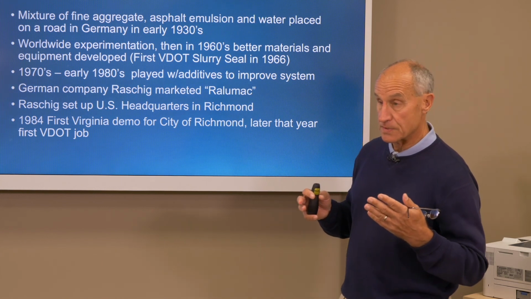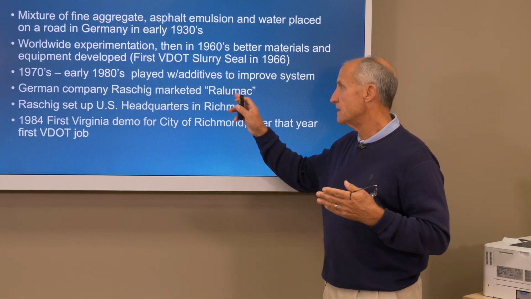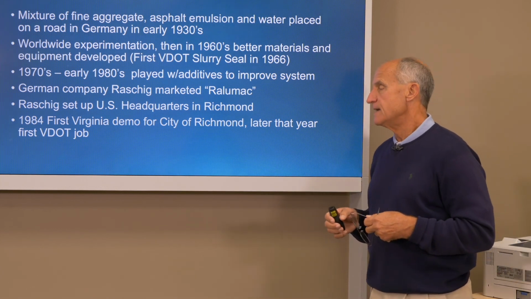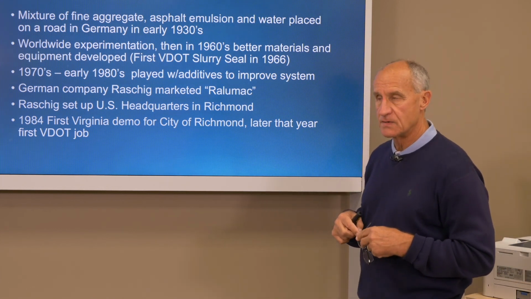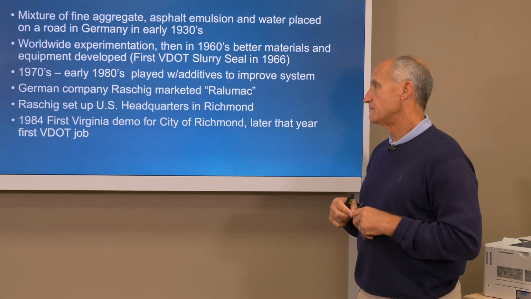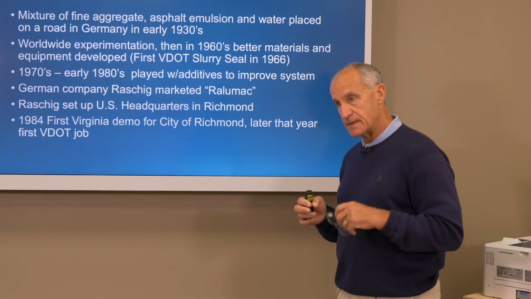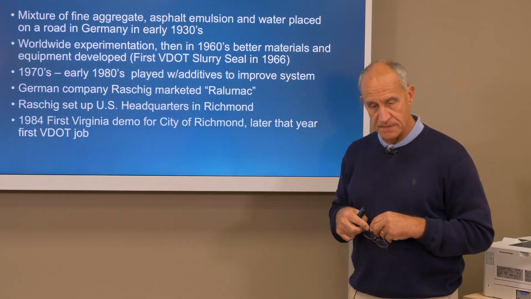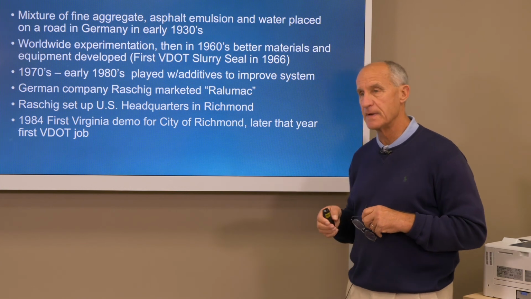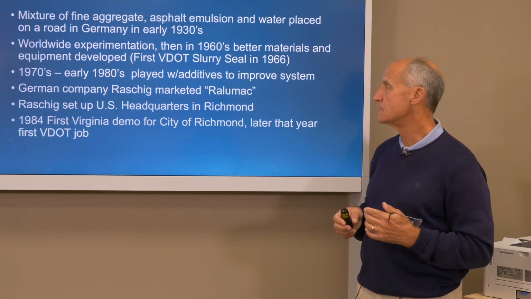So they came up with a mixture that they marketed as Rolumac. It was brought to the United States, and consequently the U.S. headquarters were set up in Richmond, Virginia. Slurry Pavers was asked to get involved in this development of a new technology for preventive maintenance on higher speed, higher volume roads.